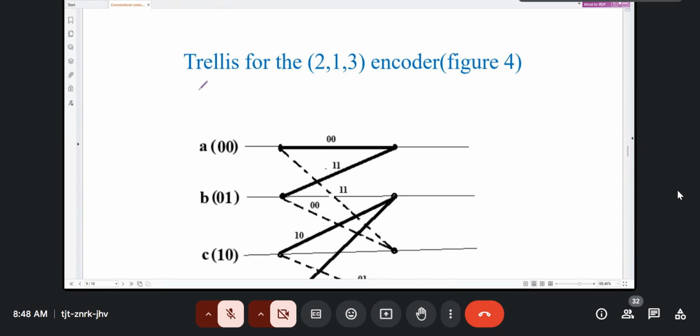Sometimes you prefer to use parallel ones, 1 by n, so that k is always 1. Instead of using, for example, a 2 by 3 encoder, you implement 2 1 by 3 encoders. We are going to see that after the end of this presentation.